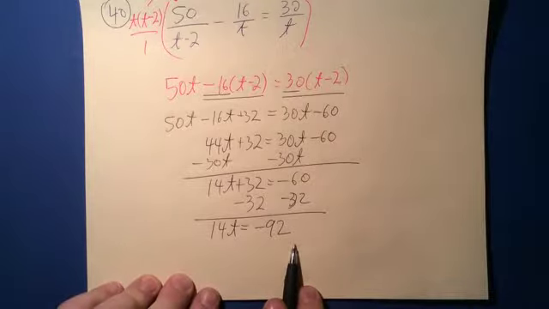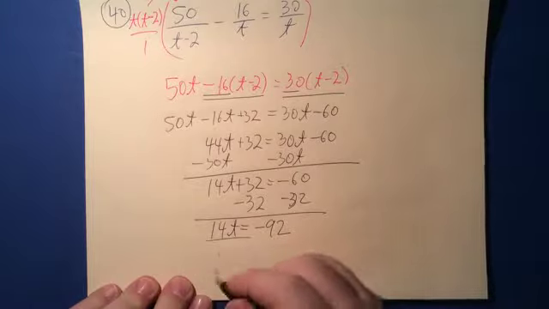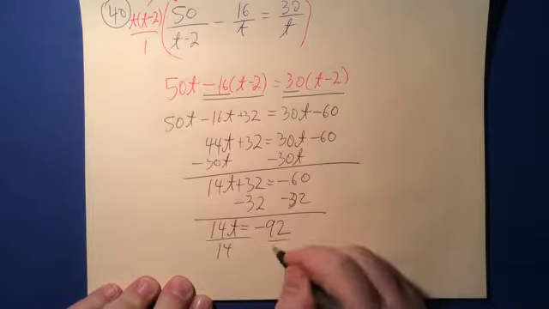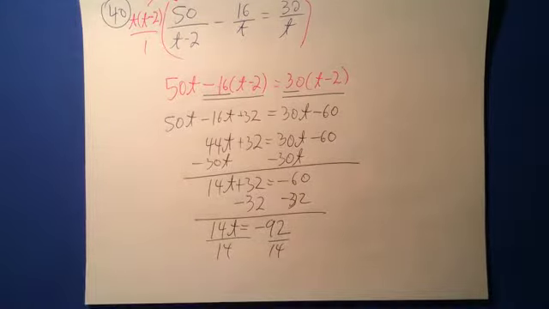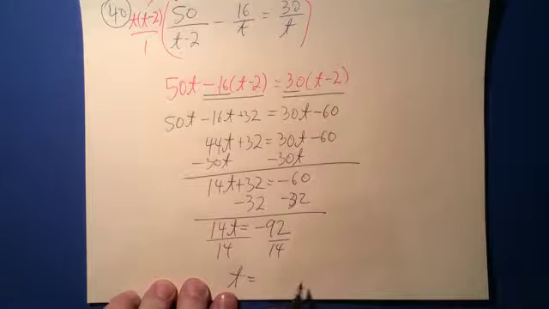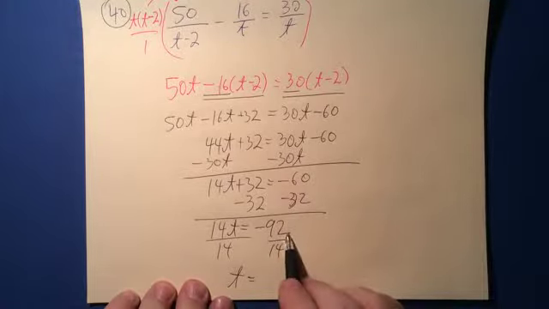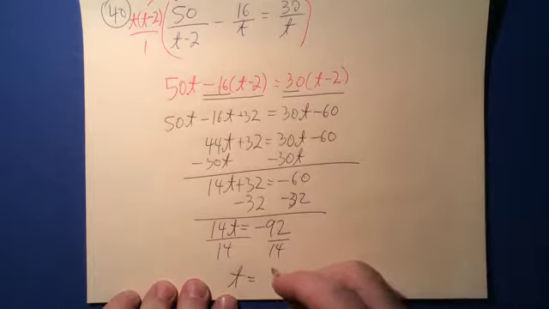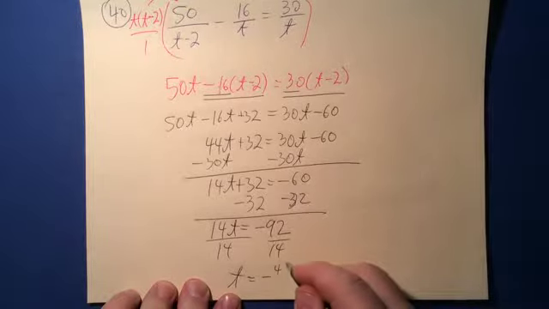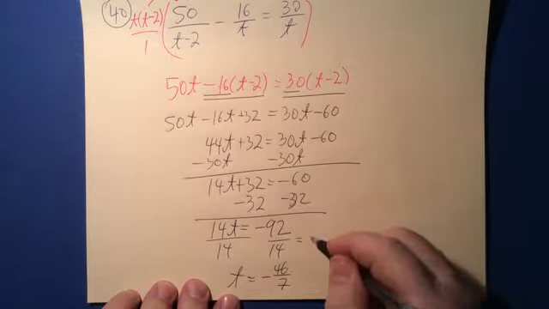And if I take my final answer here, t is going to be equal to approximately, let's see, 92 divided by 14. I'm going to get approximately negative 46 over 7.